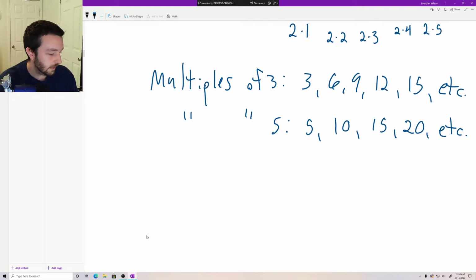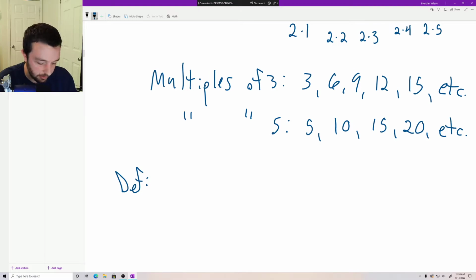When we're asking if something is a multiple of something, we often rephrase it as whether or not a number is divisible by something. So saying, is 33 a multiple of 2? Another way of phrasing that would be, is 33 divisible by 2? Okay.